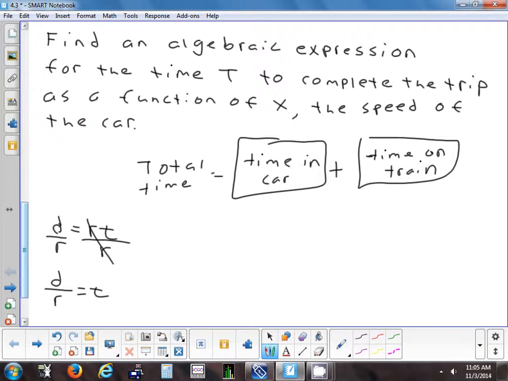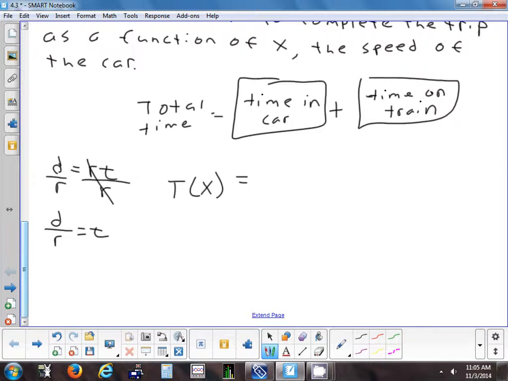All right, so let's figure out the time in the car. The total time, which I'll call t, is going to equal time in car. So we need the distance we travel in the car divided by the speed we travel in the car. To figure that out, it might be helpful if we make a table.